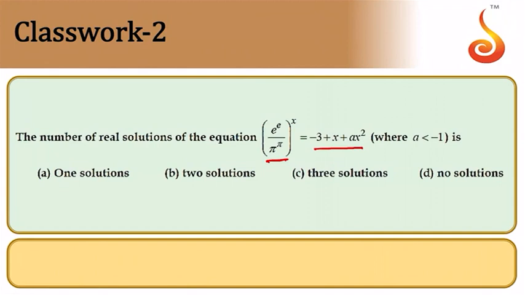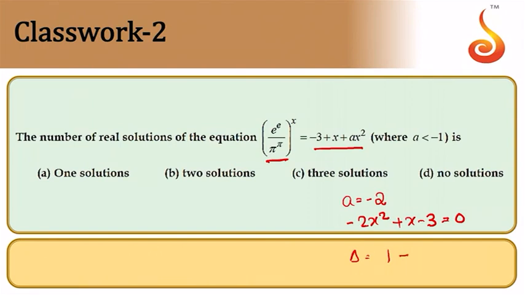Example 2. Number of real solutions of this equation. This type of question normally asks, this is an exponential function, this is a quadratic function. So a is less than minus 1. When this type of condition is given, for objective purposes, take a equal to minus 2. So the quadratic equation becomes minus 2x square plus x minus 3.